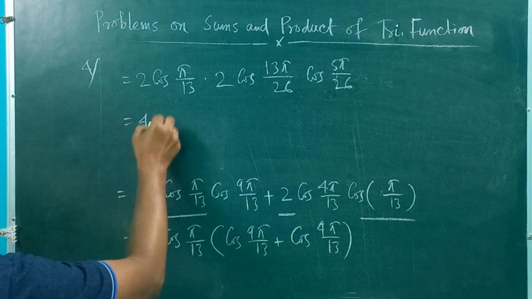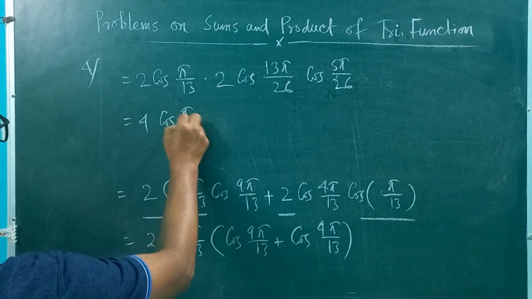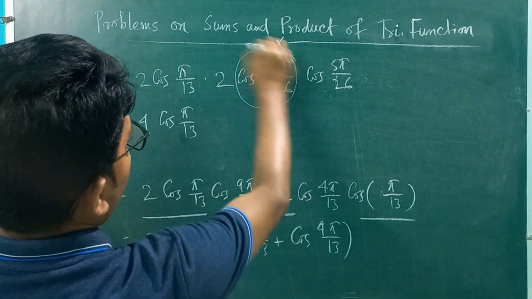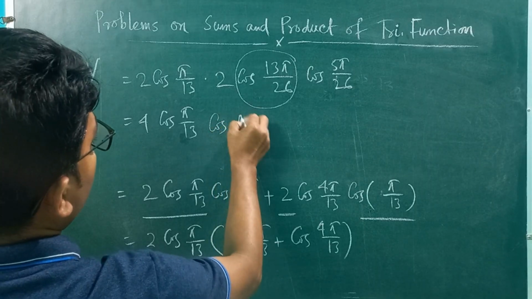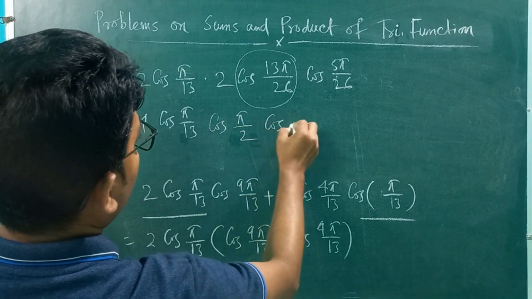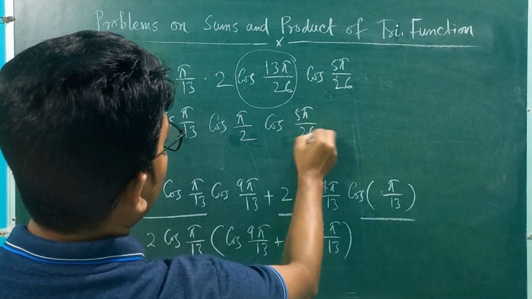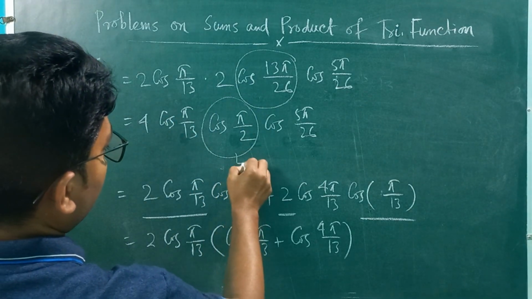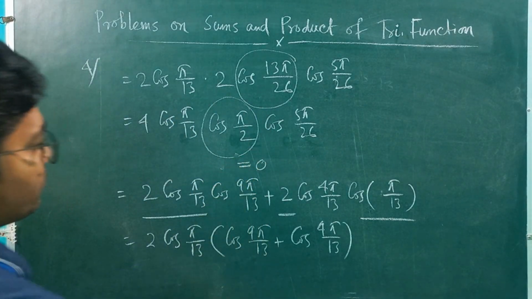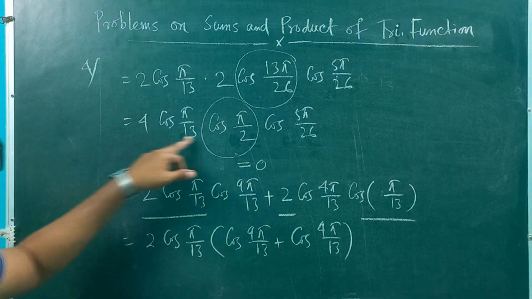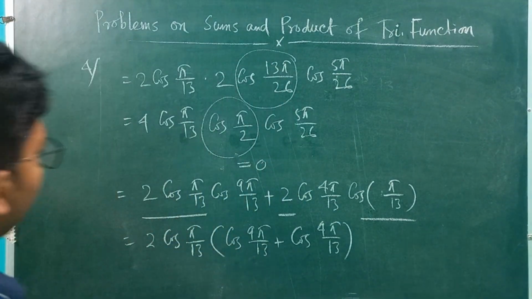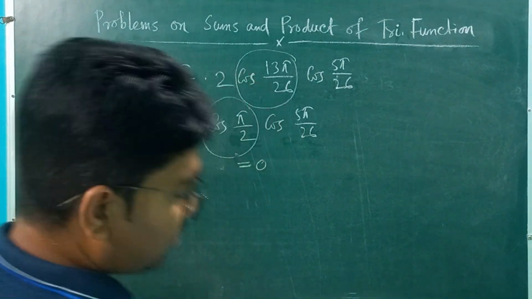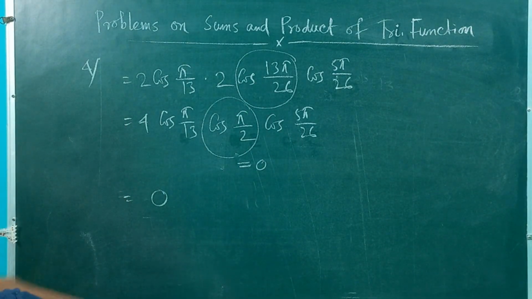So this one is 2 into 4 cos pi by 13, this one our interesting term, cos pi by 2, cos 5 pi by 26. You know cos pi by 2 equals 0. So as these are all in multiple form, if one term is 0, then you have to understand the result will be 0.